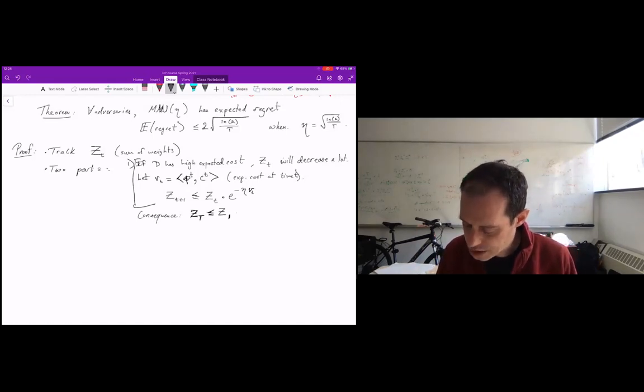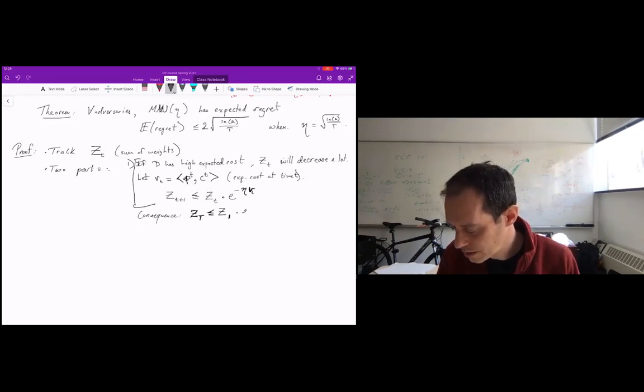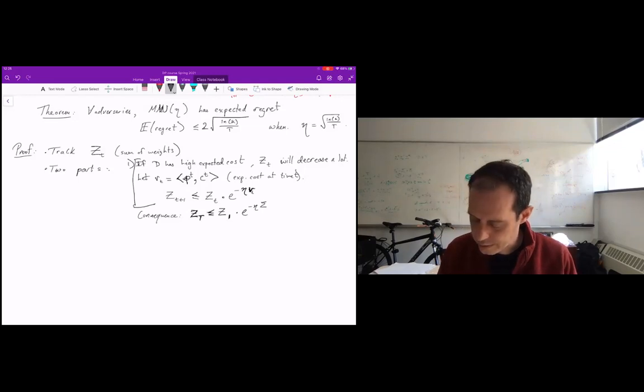So at each time step, we're losing e to the minus eta times V_t. And so after T time steps, we lose e to the minus eta times the sum of the expected costs along the whole trajectory, from t equals 1 to T of V_t.